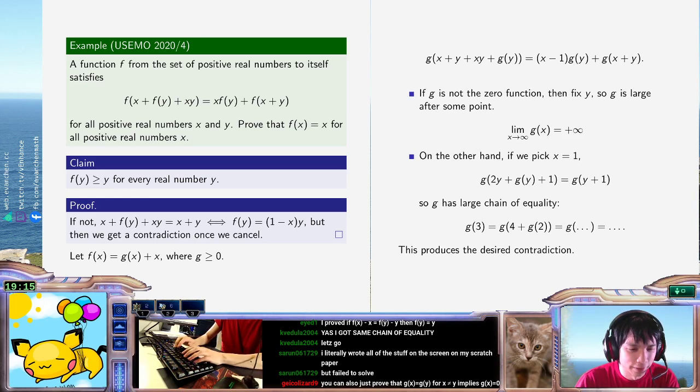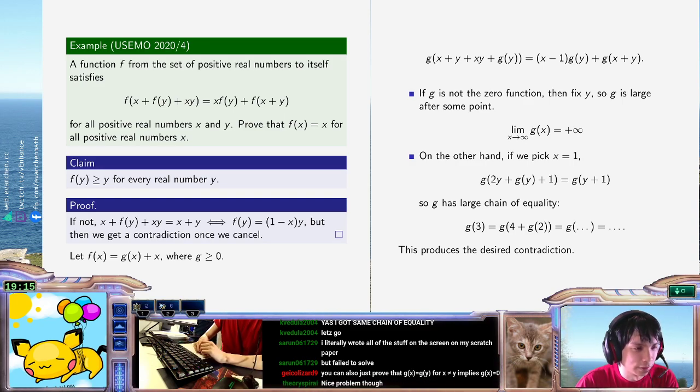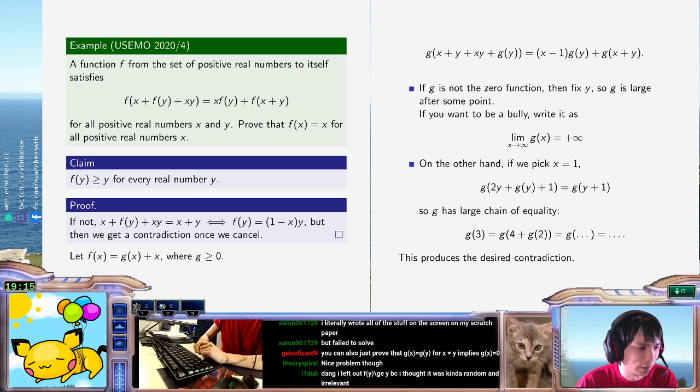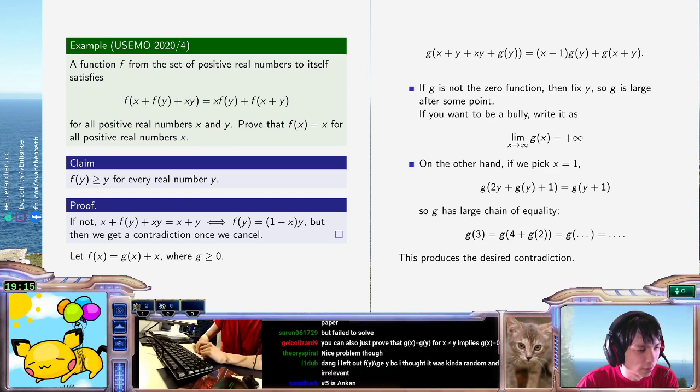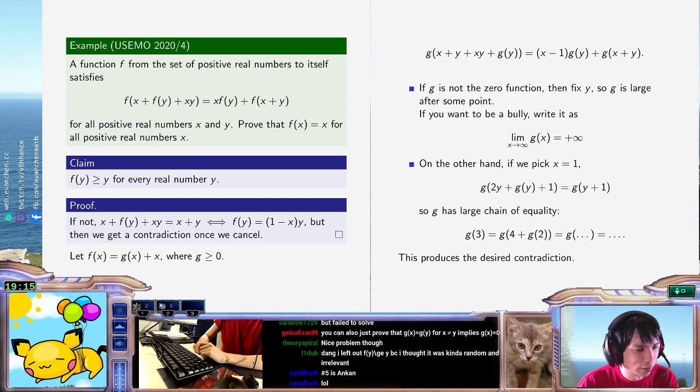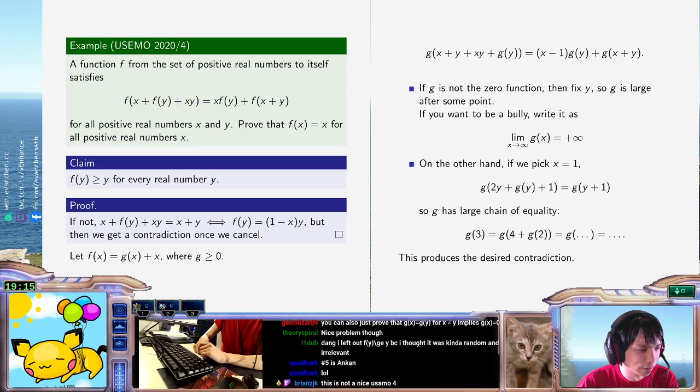You can write it as this, but it looks unnecessarily scary, although it is technically correct. You left out f(y) at least y because you thought it was random and irrelevant. I'm sorry. Don't leave out stuff like that.